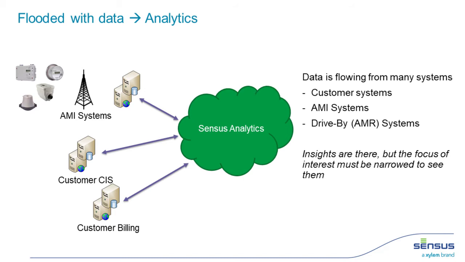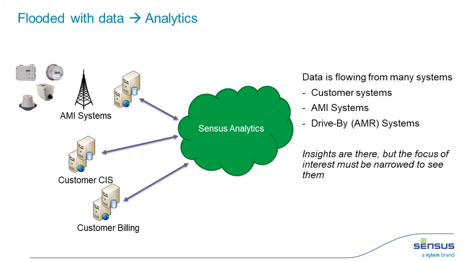So as Tom mentioned, AMI creates a lot of data, and I'm guessing that most operators that have an AMI system probably don't really recognize their meters or radios based on that unique ID. I know a few, but they're very few out there.